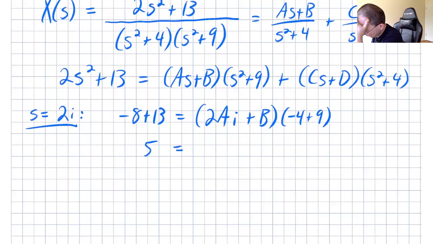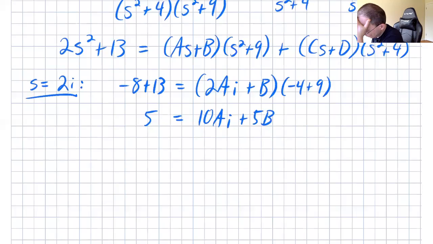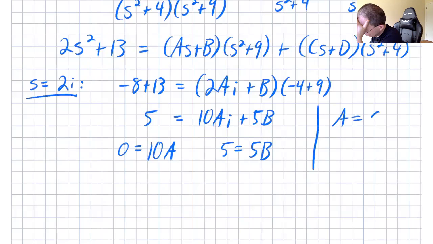And then over here we have 5 times 2Ai, so we get 10Ai plus 5B. And so we get 0 is equal to 10A, looking at the imaginary terms on both sides, and we get 5 is equal to 5B. So therefore we have A is equal to 0 and B is equal to 1.